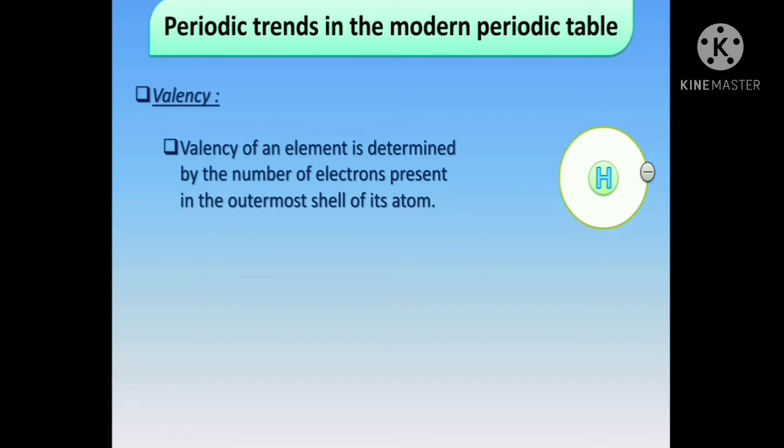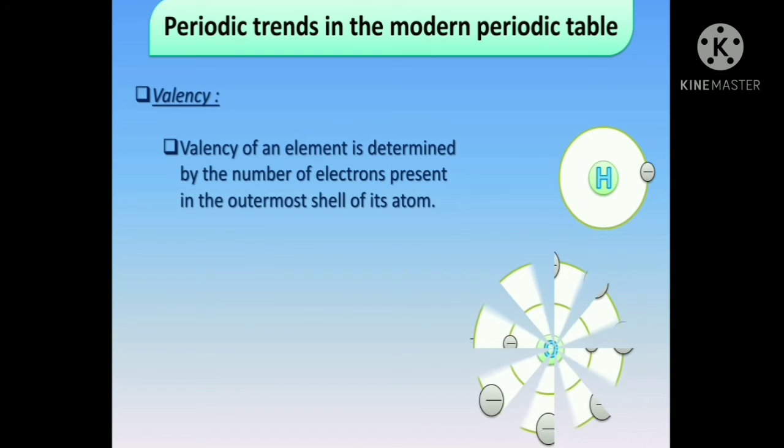We all know the atomic number of hydrogen is 1, that is, it has only one electron in the outermost shell, that is the first shell K. To complete its duplet state, it requires one more electron, that is, it has only one valence electron.